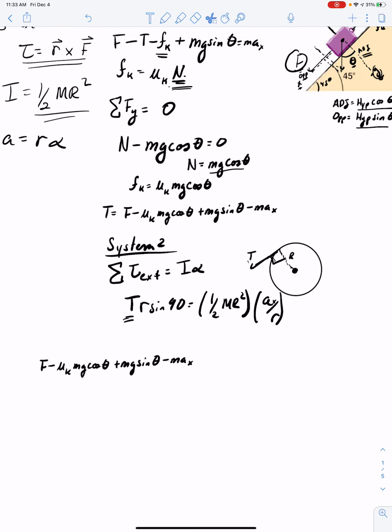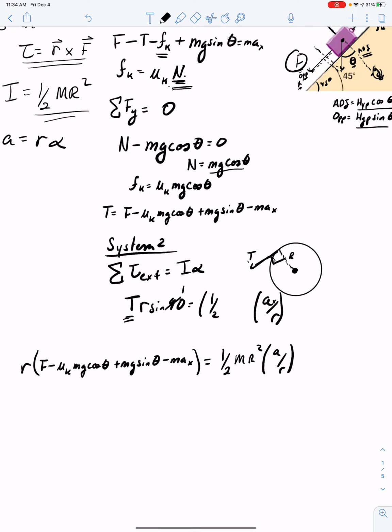So this is tension, parenthesis, R, and sine of 90 is 1, is equal to 1/2 mass R squared over R, times A. So the radius can cancel out.